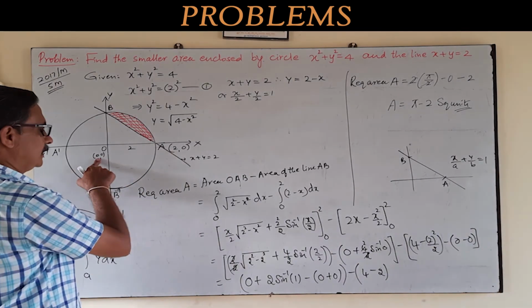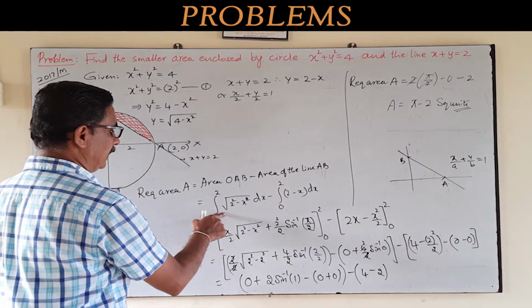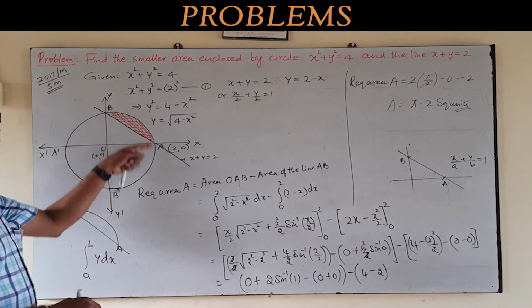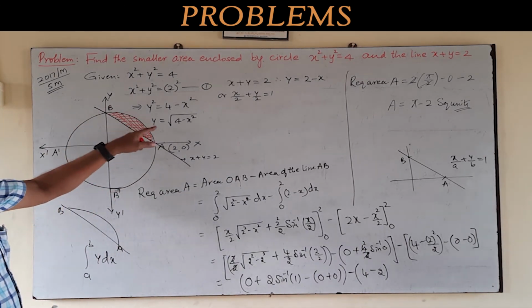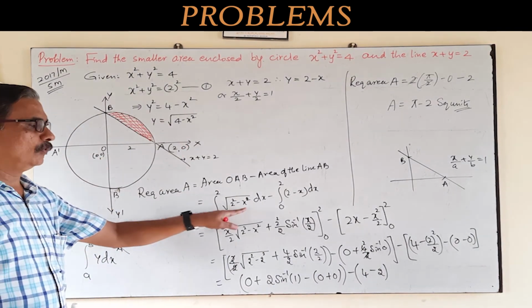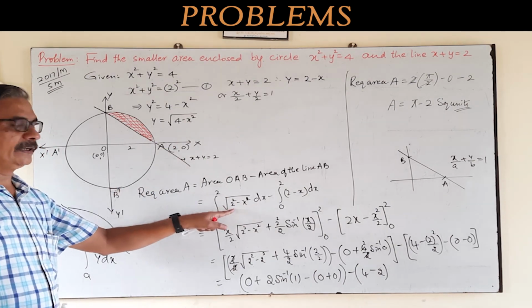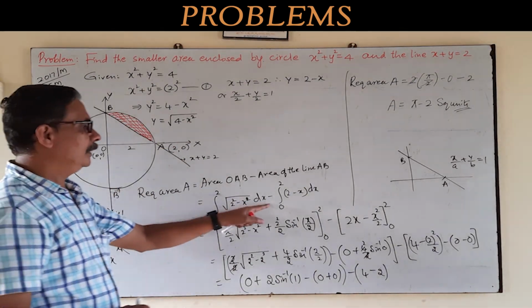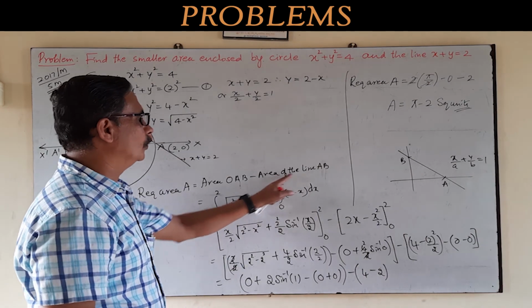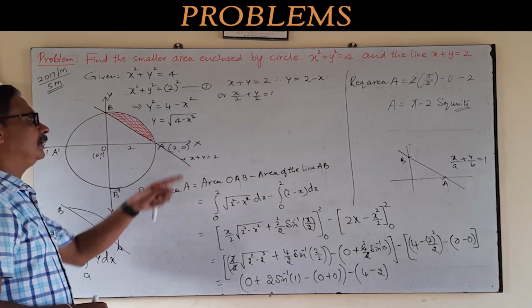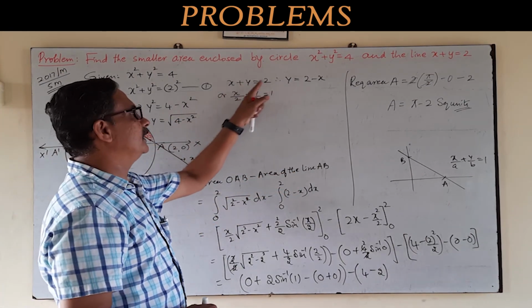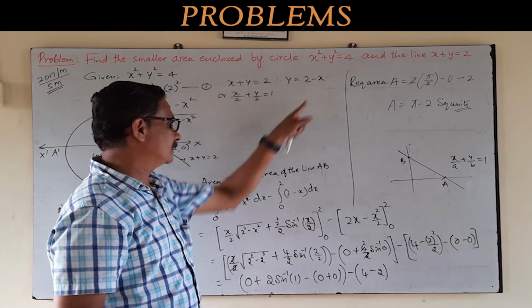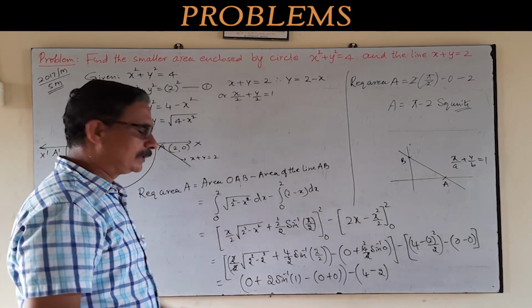Lower limit is here 0, upper limit is 2, y dx, the first quadrant of the circle. What is the y value? Under root of 4 minus x square. 4 can be written as 2 square minus x square. Minus integral from 0 to 2, line AB, x plus y is equal to 2, using this, y is equal to 2 minus x, so y value 2 minus x with respect to x.